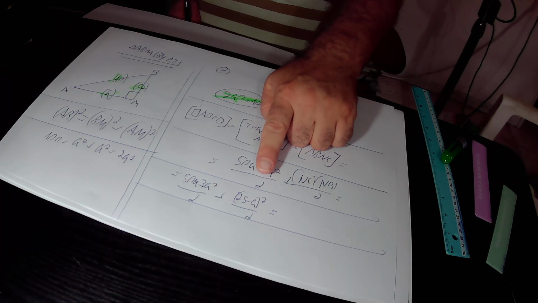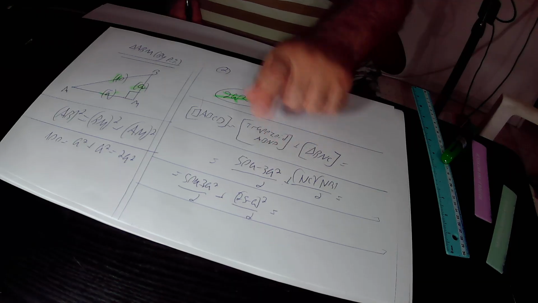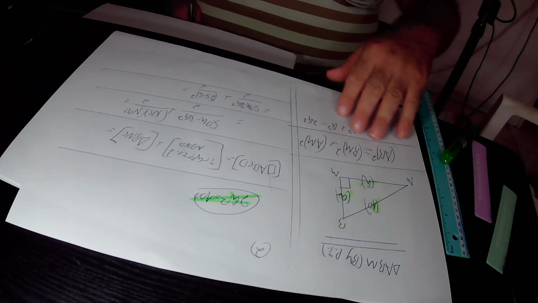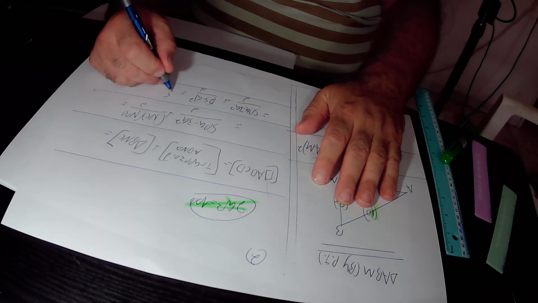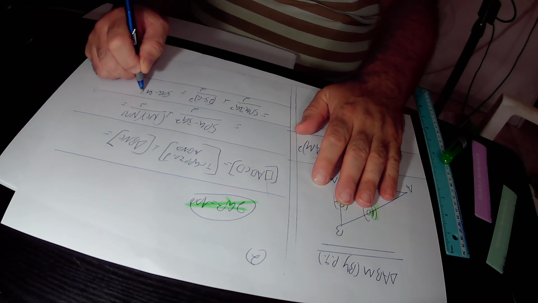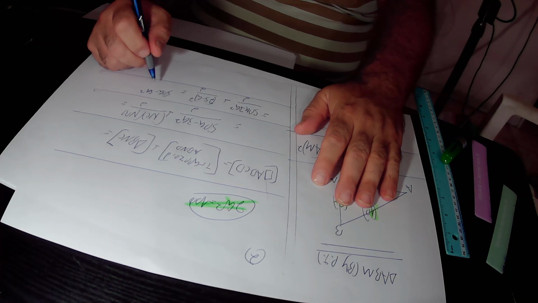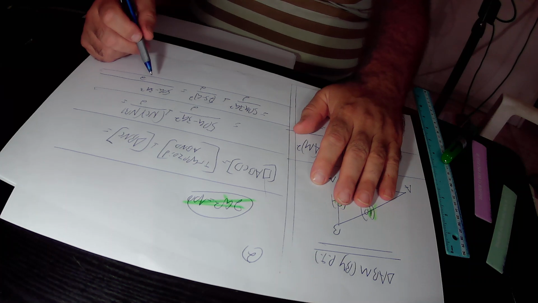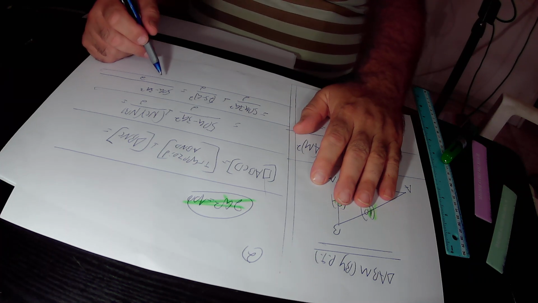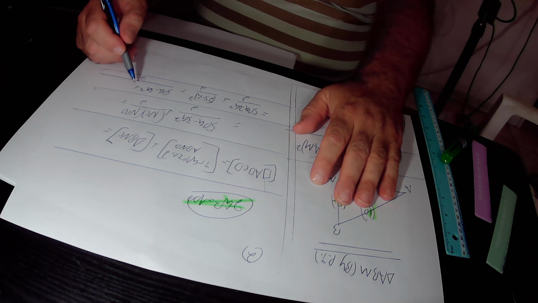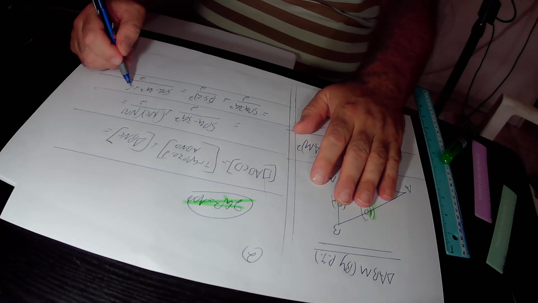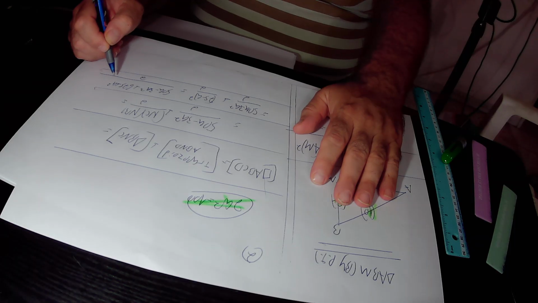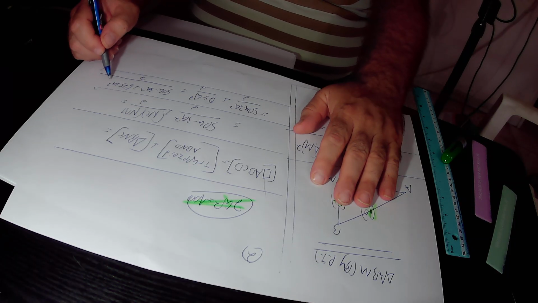Here we'll open the brackets of this expression and we get that the area of quadrilateral ABCD in total equals 50A minus 3A squared over 2, and we have plus (25 minus A) squared. (25 minus A) squared is equal to 25 squared, that is 625, plus A squared, minus 2 times 25 times A, that is minus 50A.